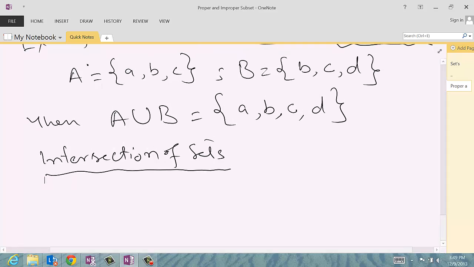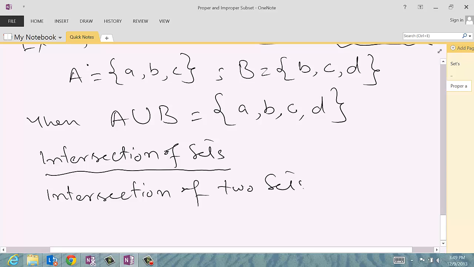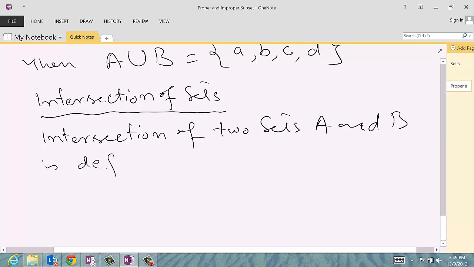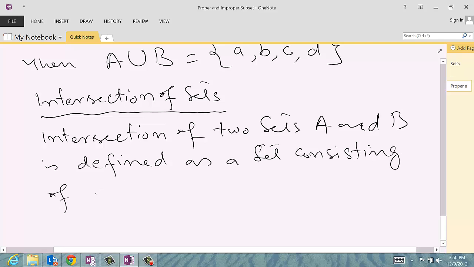So this time the intersection of two sets A and B is defined as a set consisting of common elements.